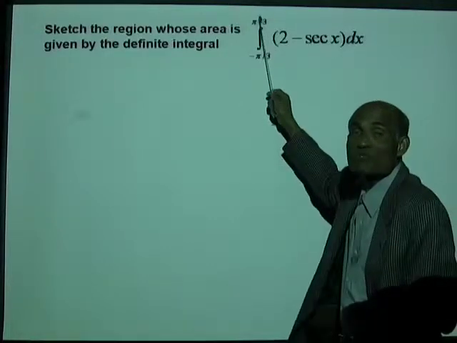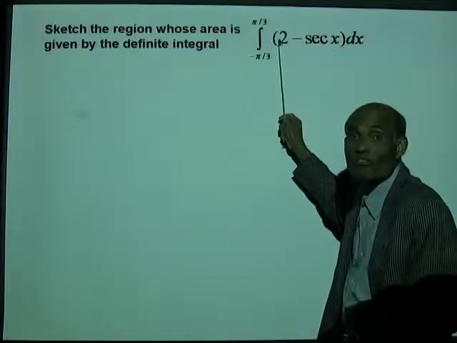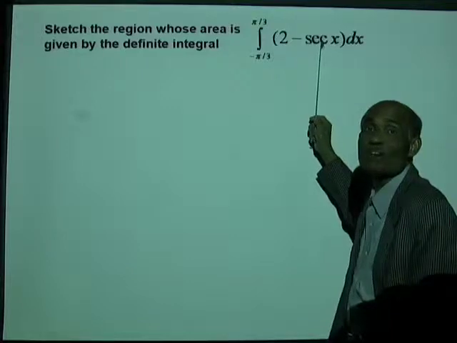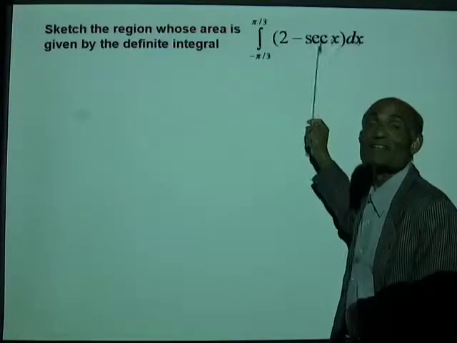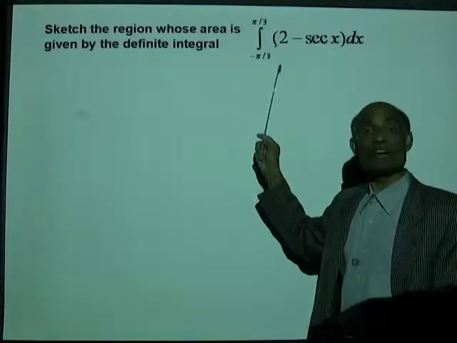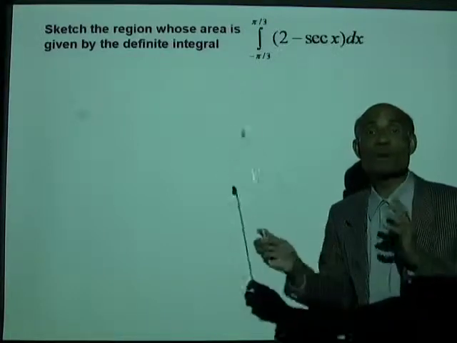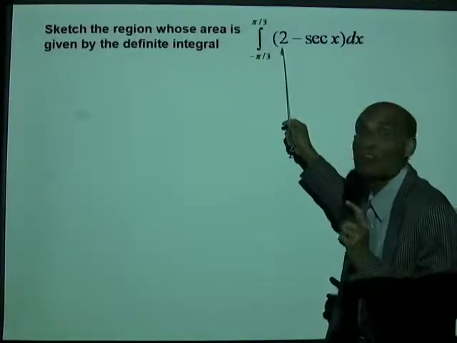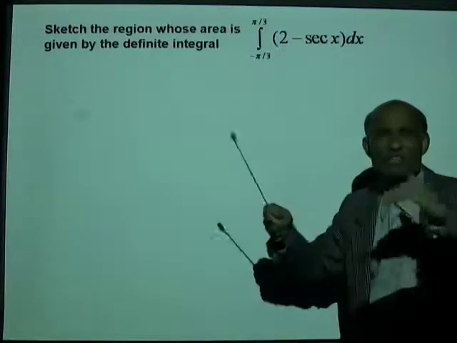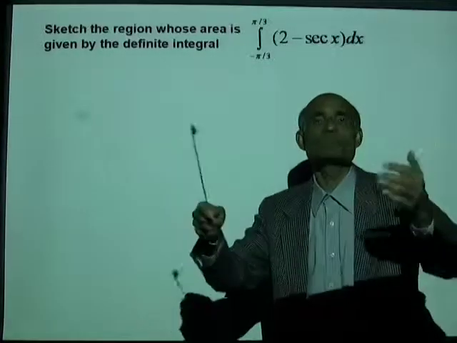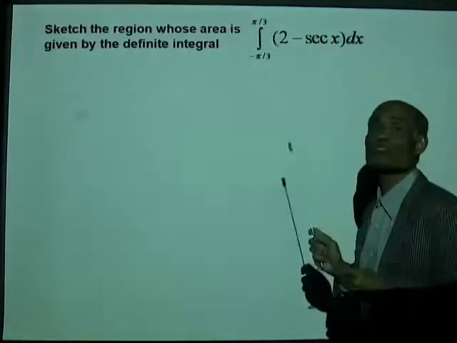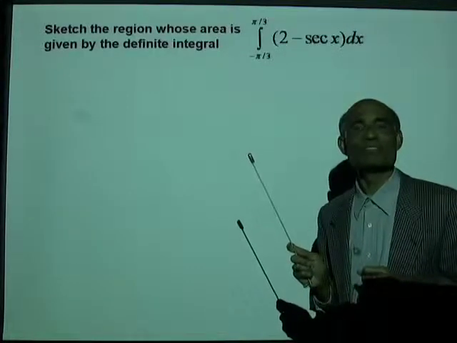Integral a to b f of x minus g of x dx. So you can interpret this as the area enclosed by the graphs of f of x equal to 2. What is f of x equal to 2? Y equal to 2. And g of x equal to secant x.